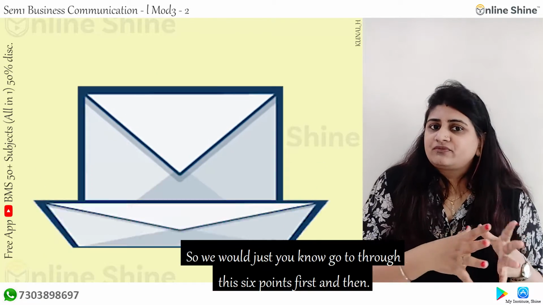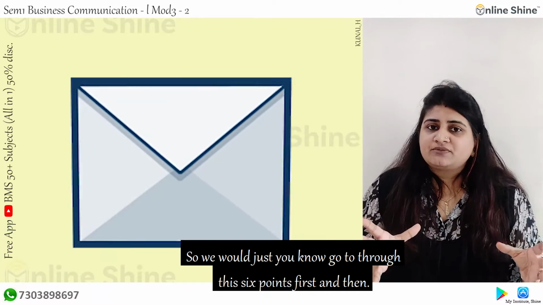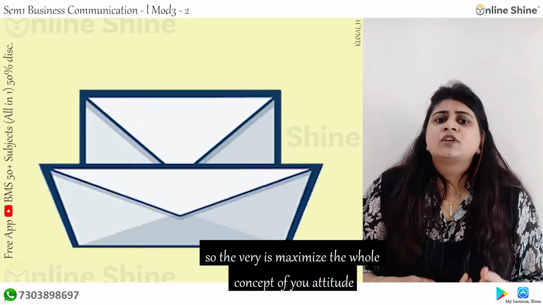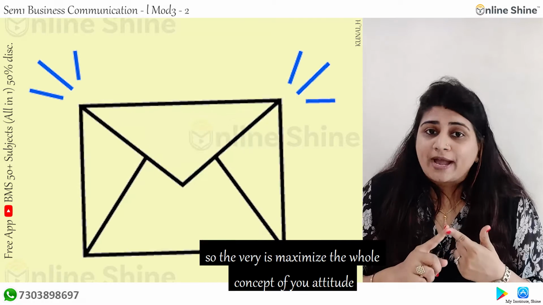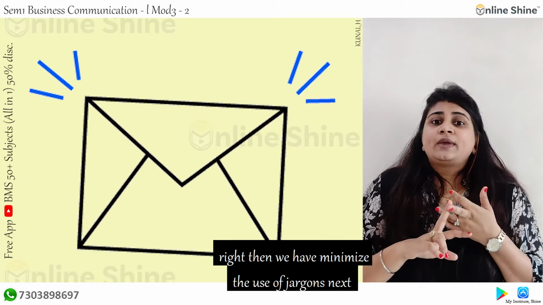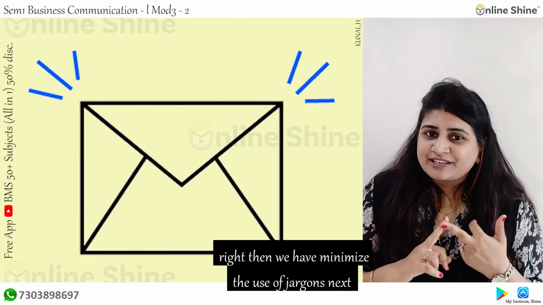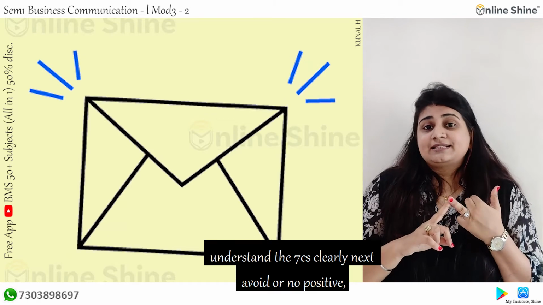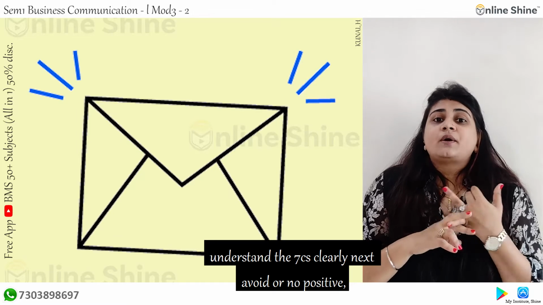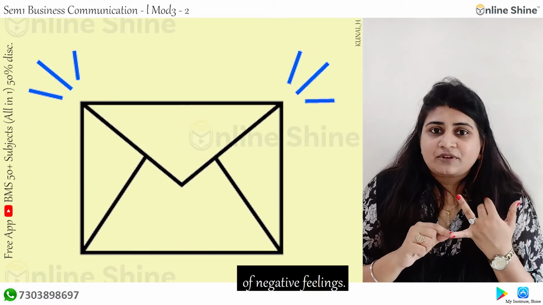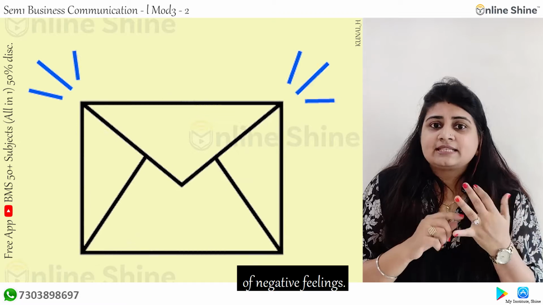So we'll quickly go through these 6 points first, and then we'll take each of them in detail. The very first is maximize the whole concept of you attitude. Then we have minimize the use of jargons. Next, understand the 7 C's clearly. Next, avoid or positive handling of negative feelings.